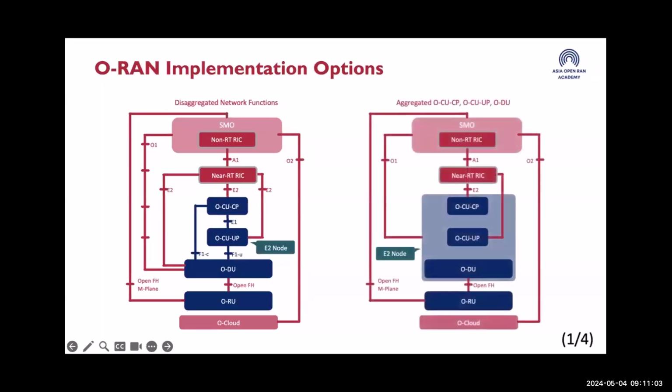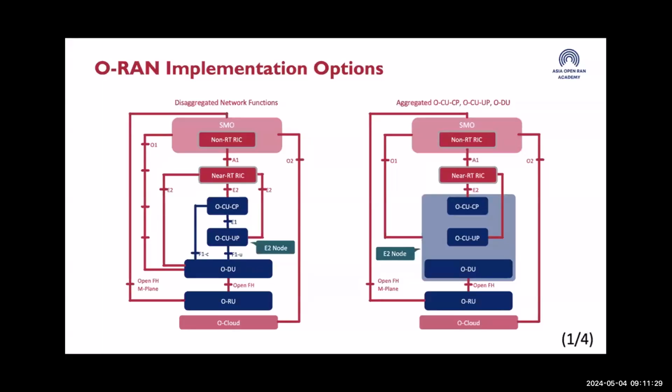In some cases, we can have an aggregated O-CU-CP, O-CU-UP, and O-DU, meaning you can have these network functions in one single box, especially if we are deploying, for example, LTE or 5G.